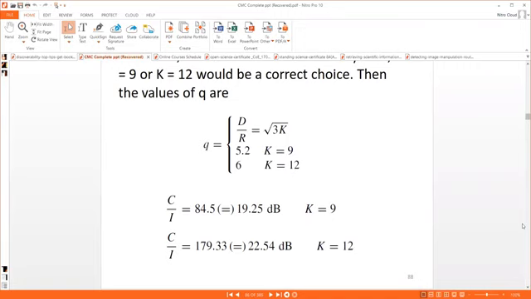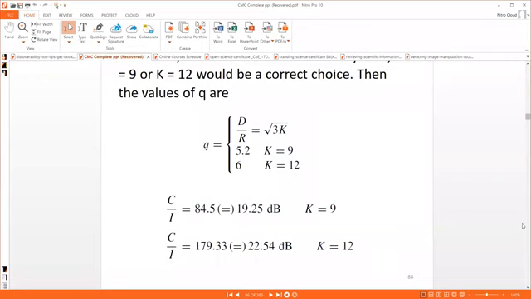When it comes to practical approach, it is sometimes in between 7 and 9, which cannot be calculated in the mathematical equation. Now, as per this design, we can choose either the k equals 9 or k equals 12 pattern because it gives us the decibel range which is required for a good voice, greater than 18 decibels.